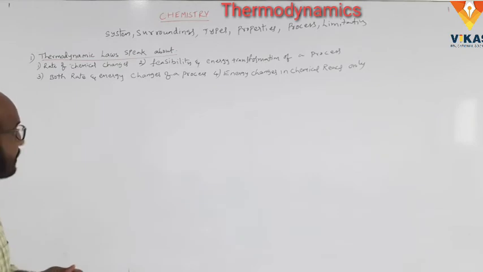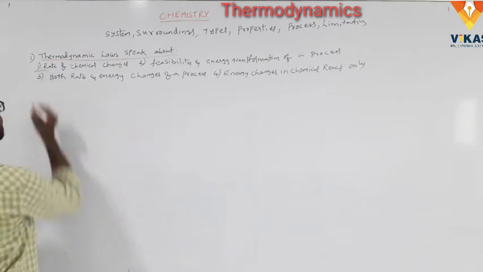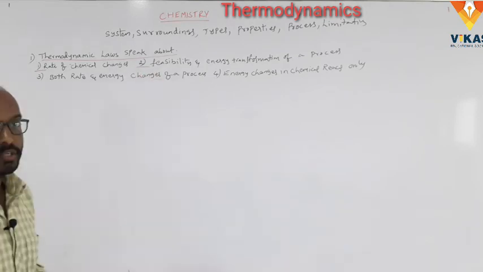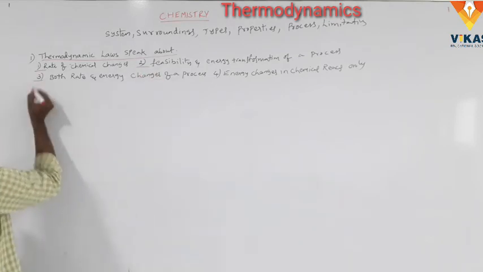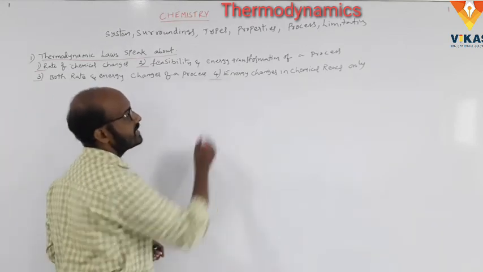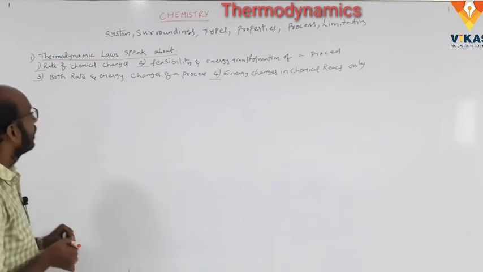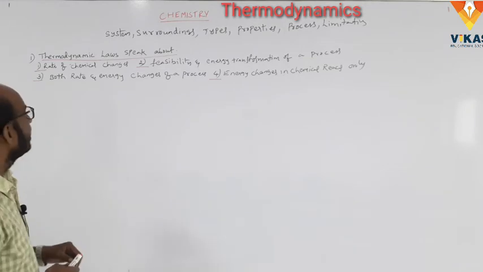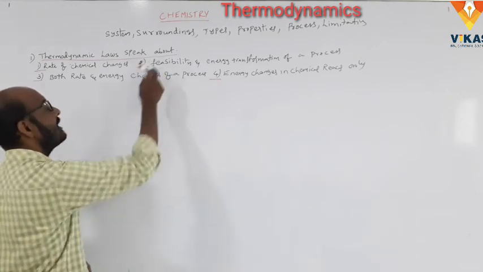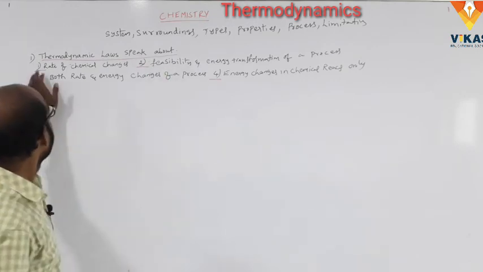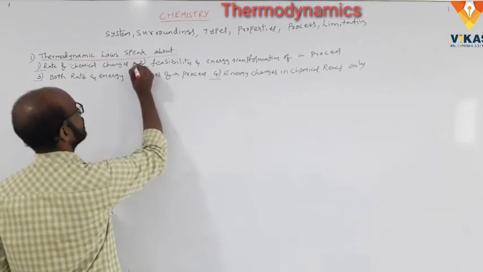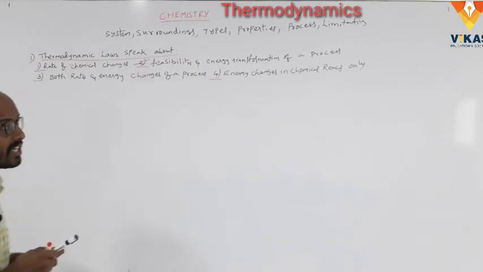One is the rate of chemical changes, second is feasibility and energy transformation of a process, third is both rate and energy changes of a process, and fourth is energy changes in a chemical reaction. Last class I also discussed the transformation of energies and feasibility. So the answer is that thermodynamic laws speak about the feasibility and energy transformation of a process. The second option is correct.